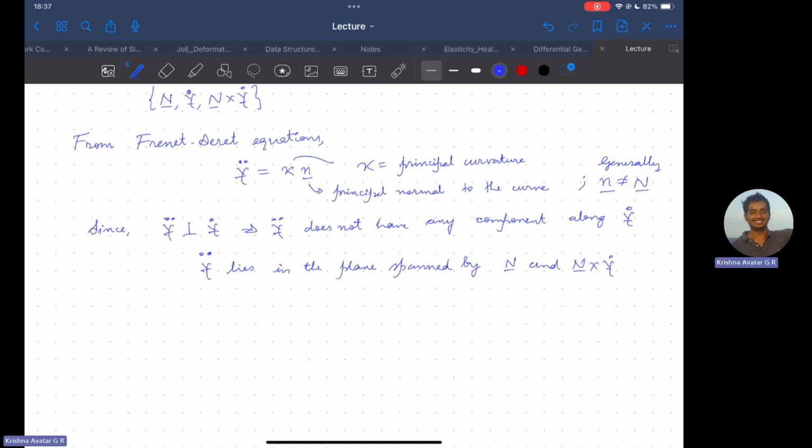Here it should be gamma dot, typo. So which means that we can have gamma double dot vector equal to some kappa n times n vector plus kappa g times n cross gamma dot vector.